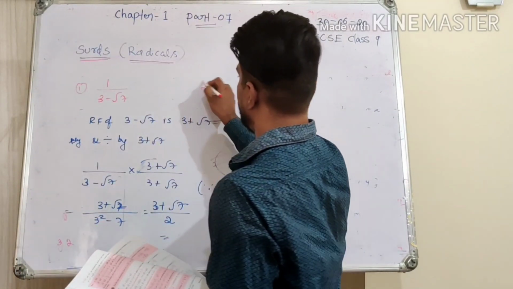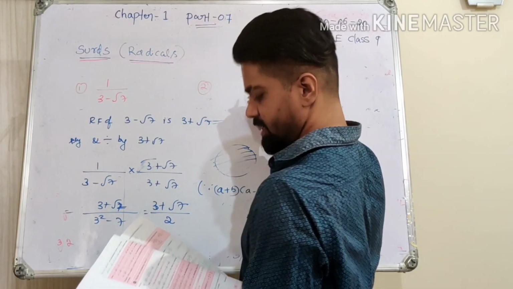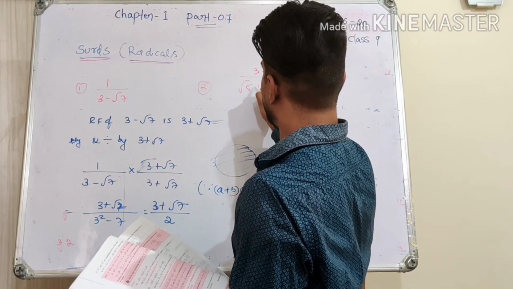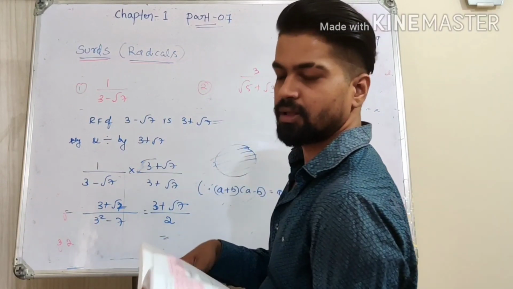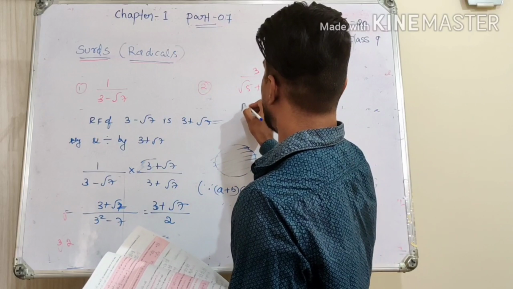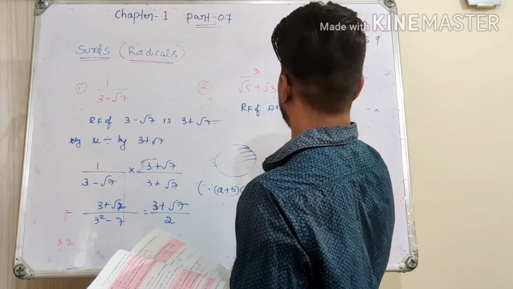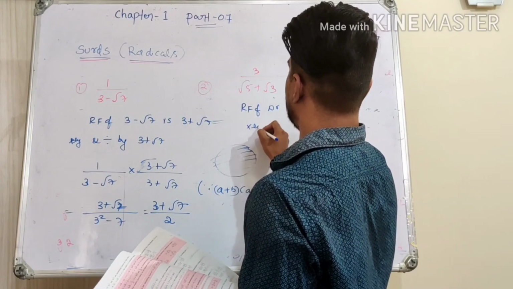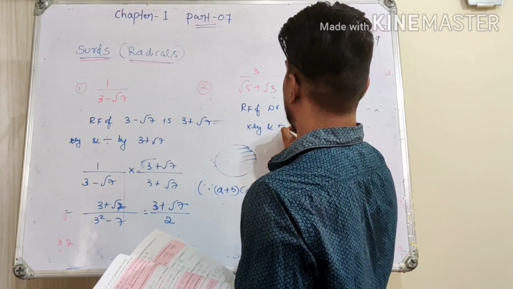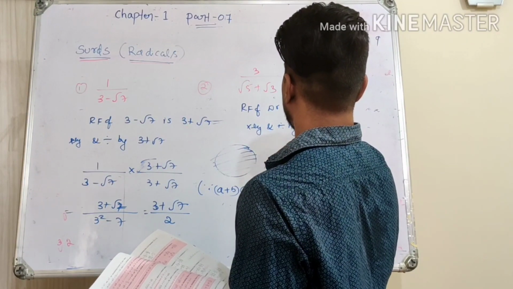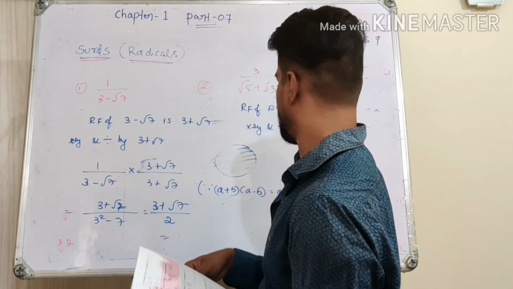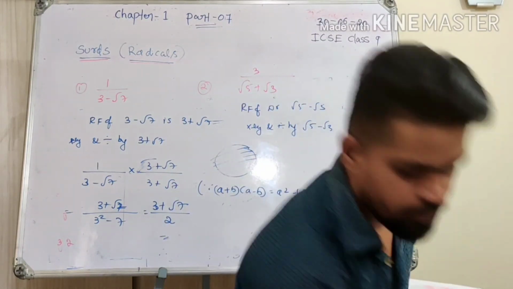And the second one, simplify 3 by root 5 plus root 3. Okay, so we have the RF, rationalization factor of the denominator, root 5 minus root 3. So multiply and divide by root 5 minus root 3. So what do we end up with?